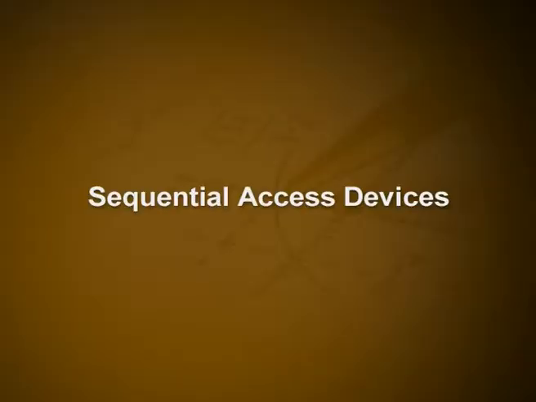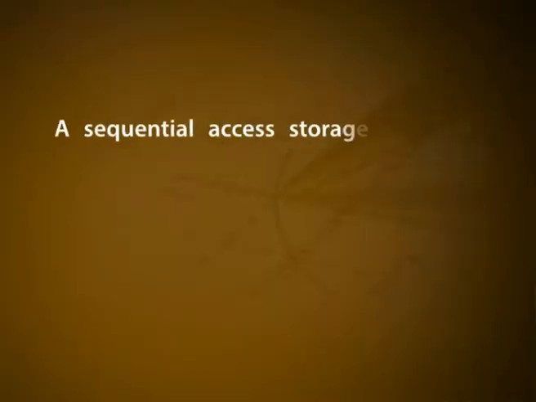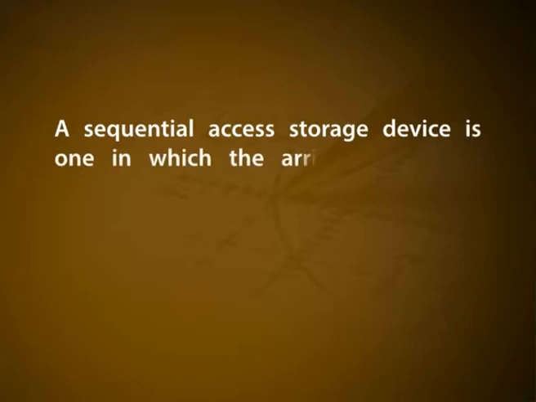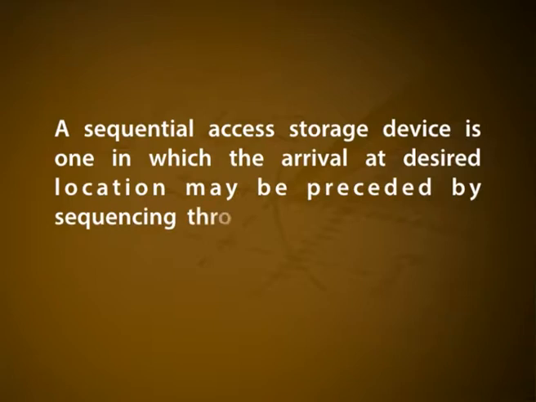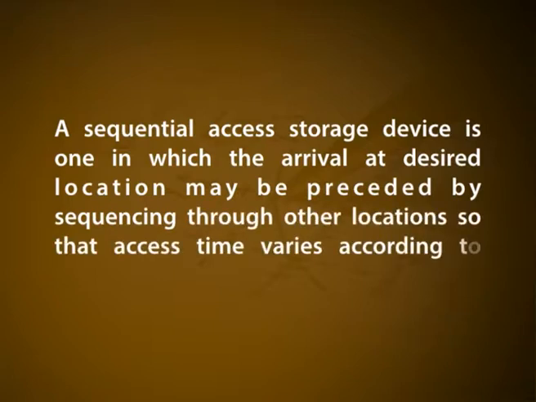Sequential access devices. Memory is organized into units of data called blocks. Data blocks are stored one after the other. A sequential access storage device is one in which the arrival at the desired location may be preceded by sequencing through other locations, so that access time varies according to location.